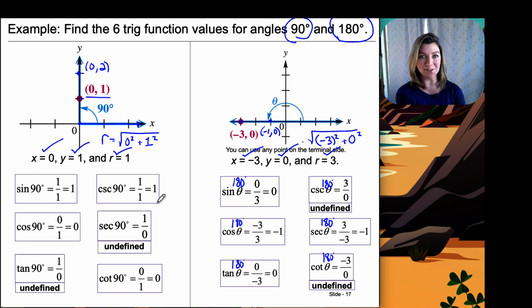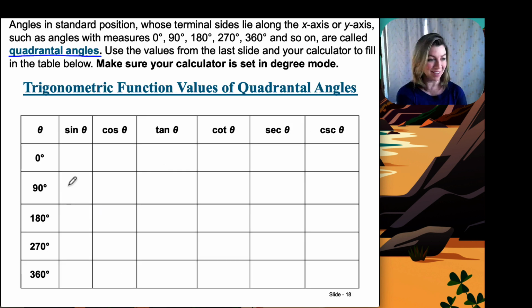You have this written down, so it should be a little easier for you, but I have to toggle back and forth between slides. So 1, 0, undefined, 0, undefined, and 1.